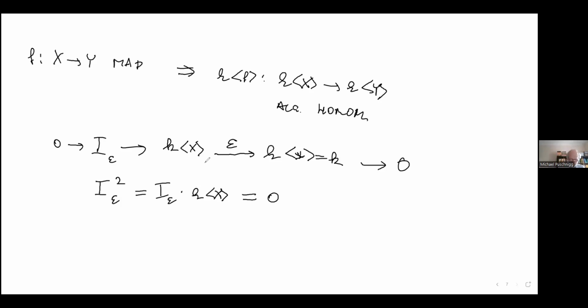So this is the first observation. We have a nilpotent extension. And the second observation is that from this functoriality, it is clear that if a group G acts on X, then it follows that kX is a G algebra.